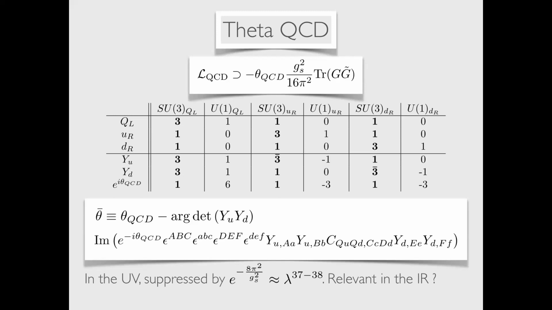So far, I built invariants which are invariant under the full flavour group, including the U(1)s, by taking these traces. You could use other kinds of structures with determinants or epsilon tensors, which are not invariant under the U(1)s. And then you could use the theta angle to offset these transformations and build new kinds of invariants.